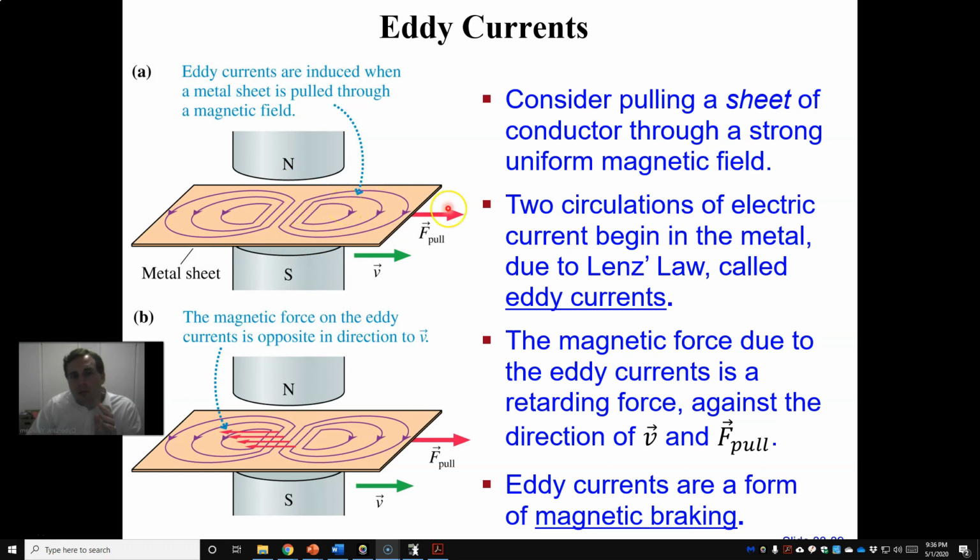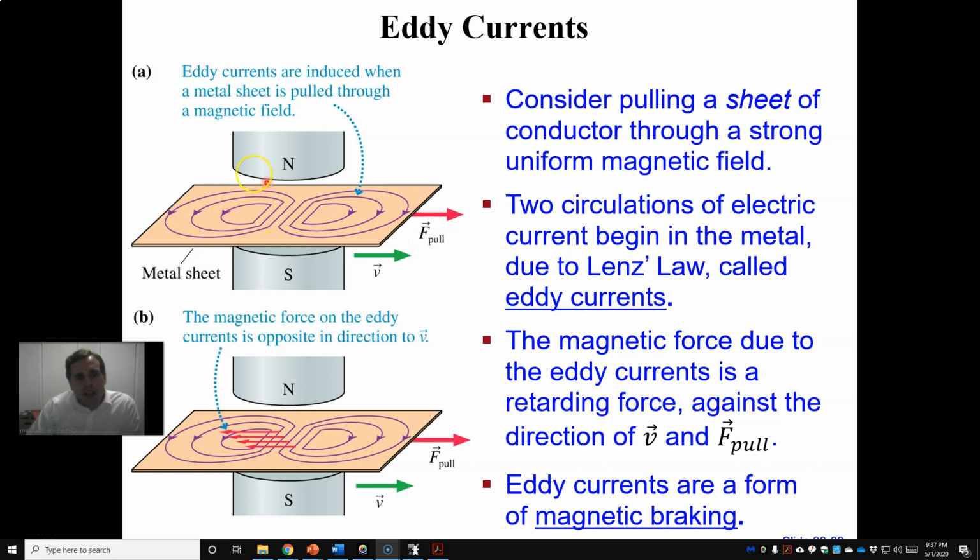But suddenly when we pull, we're going to have electric current that is induced in a direction to resist the change. So instead of south to north, the electric current is running, let's see, clockwise as viewed from above. So that's going to be a north magnet pointing down as opposed to pointing up. Okay? So that's the idea.